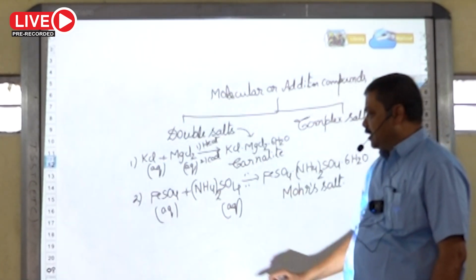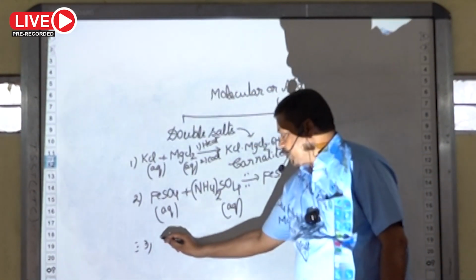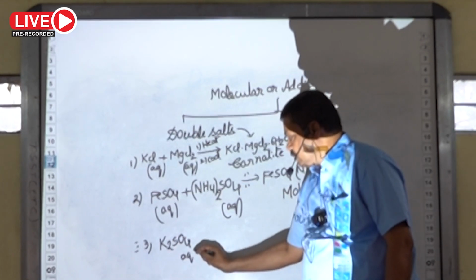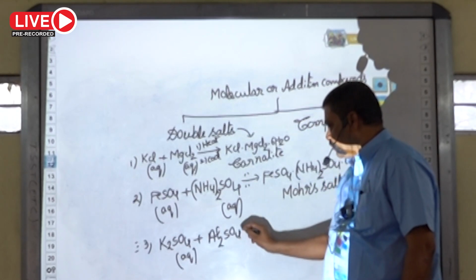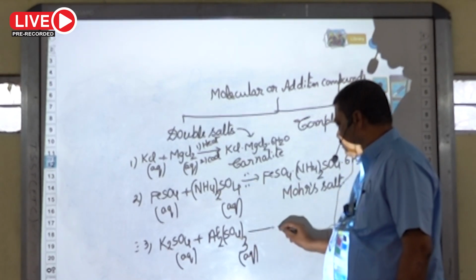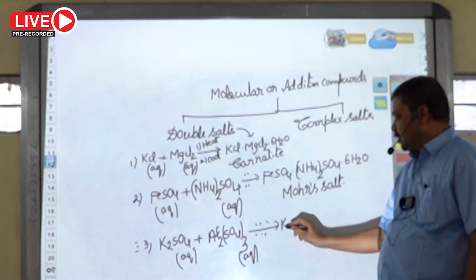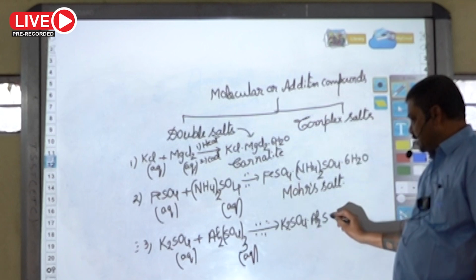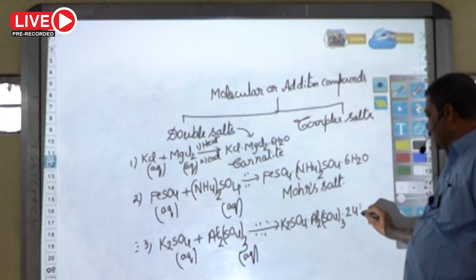If you go to the third one, I am taking potassium sulfate, to which I am adding aluminum sulfate. So you will get K2SO4.Al2(SO4)3.24H2O.